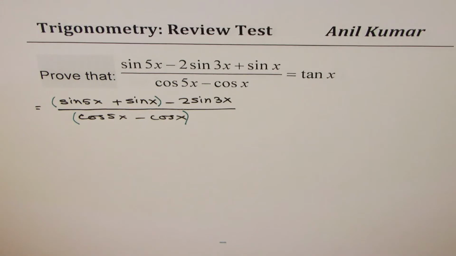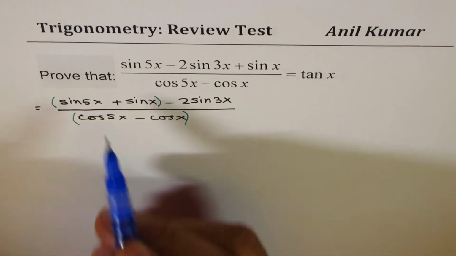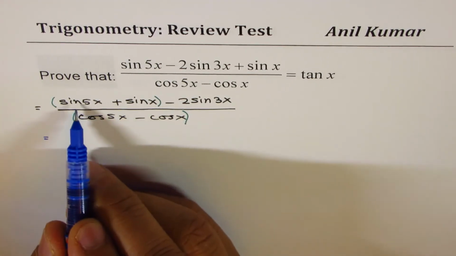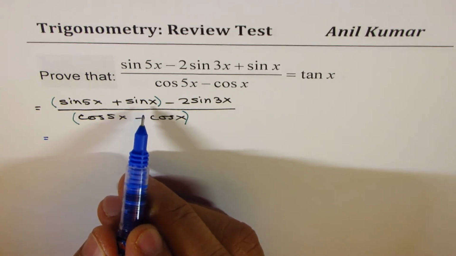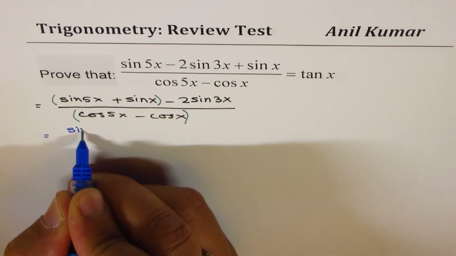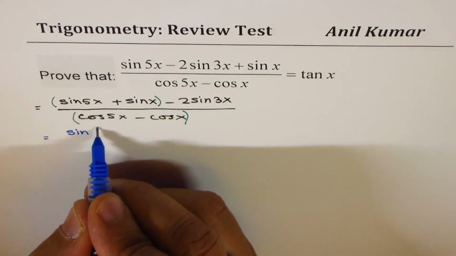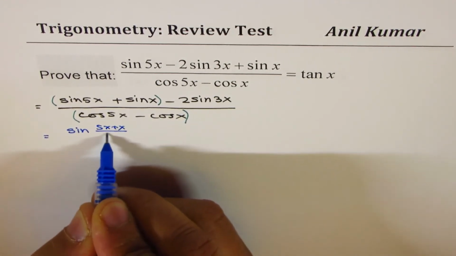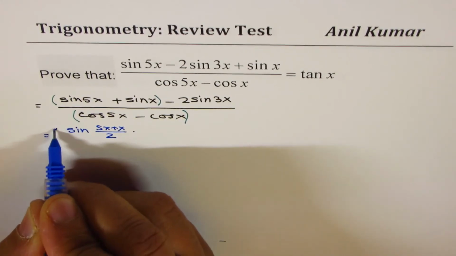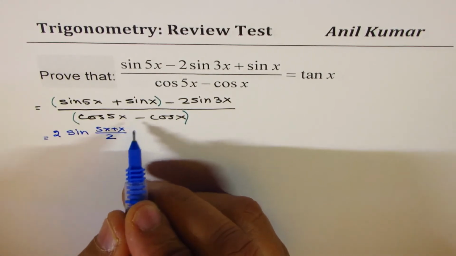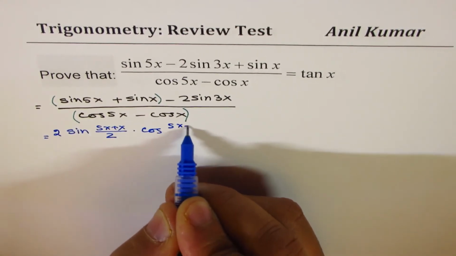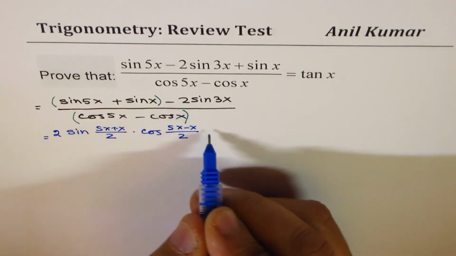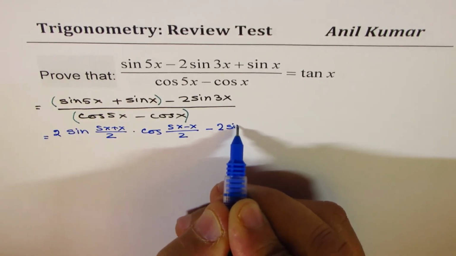So as I was saying, we'll apply the formula to convert from sum to product in the numerator. So sine 5x plus sine x could now be written as twice sine of their sum divided by 2, which is 5x plus x divided by 2, times cos of their difference, which is 5x minus x divided by 2, and we already have minus 2 sine 3x.